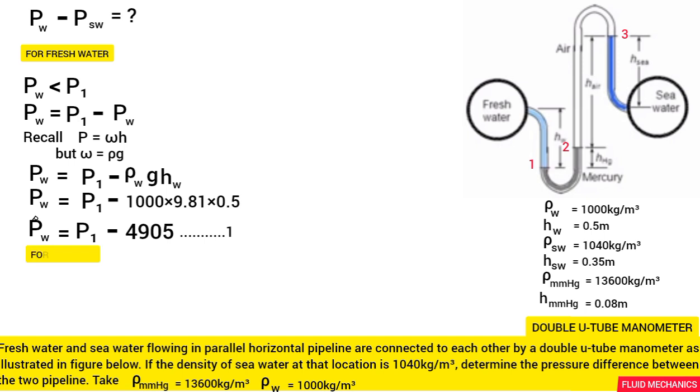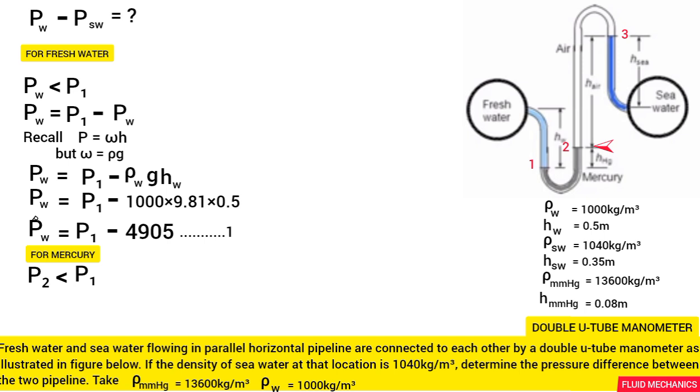Now we'll move forward. If you look closely, as you move higher from point 1 to 2, you discover that the pressure reduces. Meaning that as you move higher a level, pressure reduces. Is that taken? So still the pressure at point 1 is greater than the pressure at point 2, or we say the pressure at point 2 is less than the pressure at point 1.